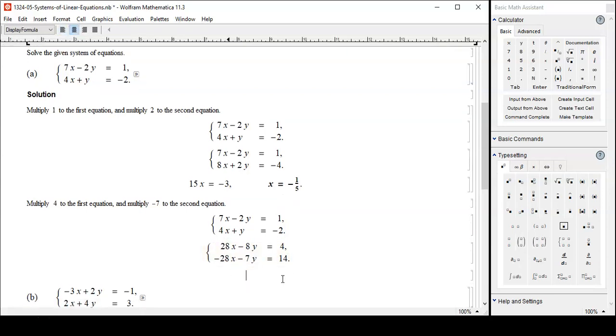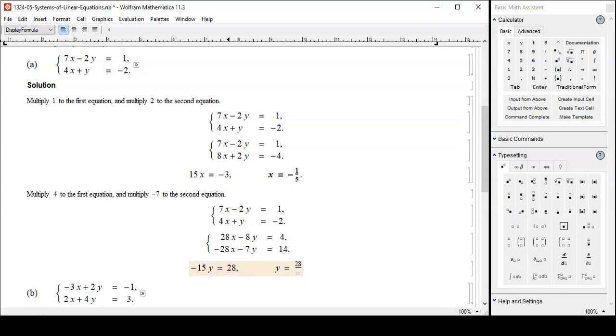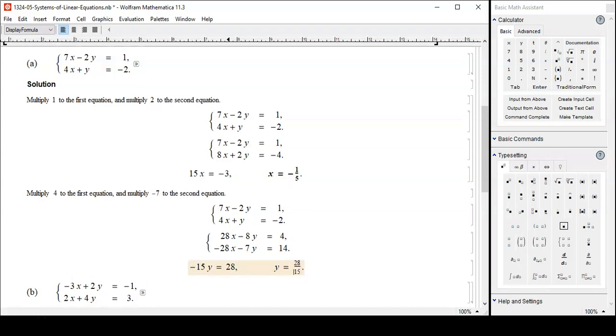So 28, 28, they go out, and then we get -15y equals 4 plus 14, that's 28, right? So y is therefore 28 over 15, negative of that.